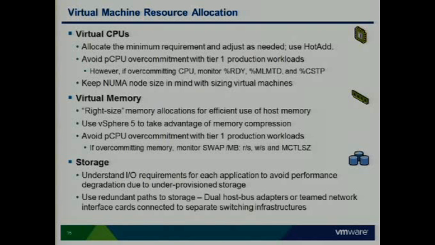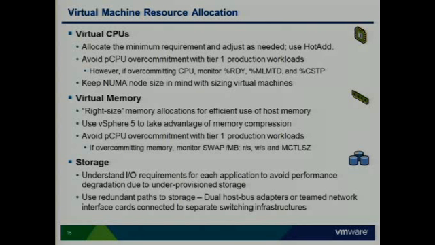For virtual memory, make sure that you right-size memory allocations to get the most efficient use of the host memory. Use the latest version of vSphere to take advantage of memory compression. Again, you also want to avoid memory overcommitment for Tier 1 production workloads. If you are overcommitting for any reason, there's some counters there that can help you keep that under control.